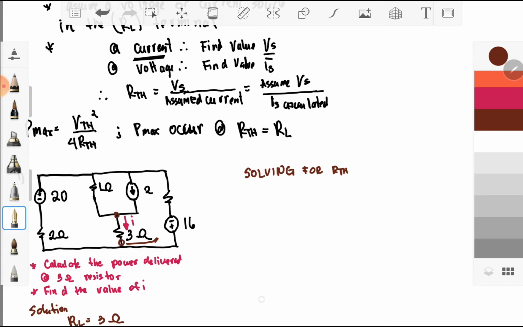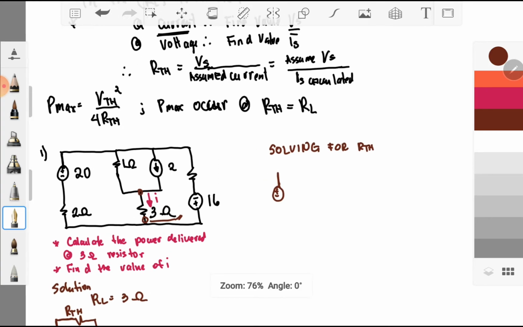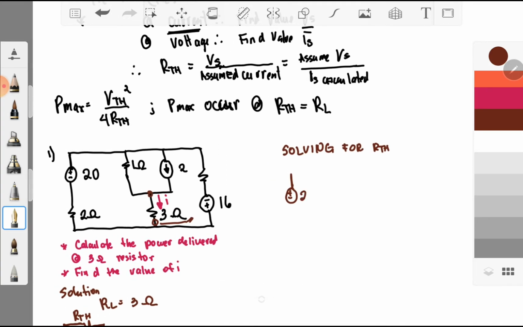If you remove your 3 ohm resistor, we will have a circuit diagram with negative 20 volts, 2 ohm, and then another 1 ohm, and then your 2 ampere source, and then your 3 ohm.